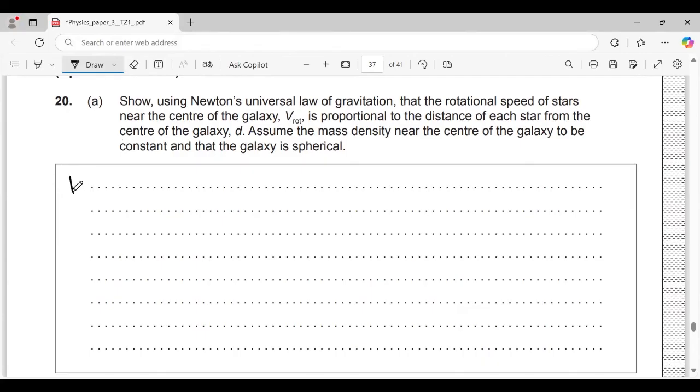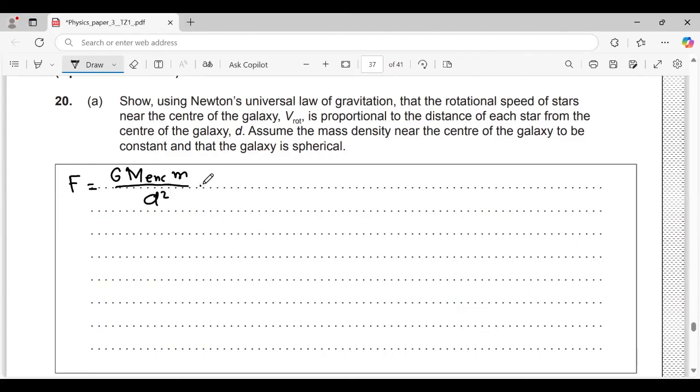It says F equals G times mass enclosed, M enc, times m over d squared.